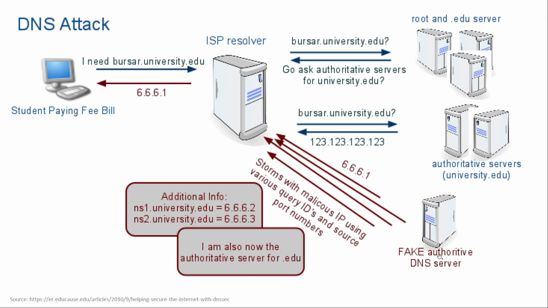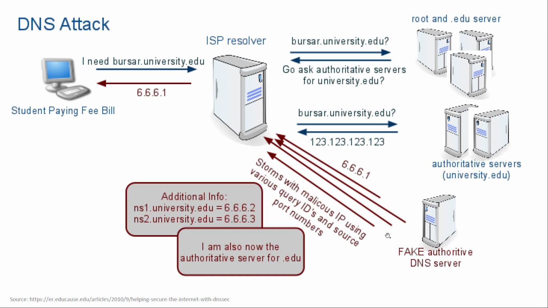But a fake authoritative DNS server storms in with a malicious IP like this, using various query IDs and source port numbers, trying to fool this client and saying that this domain name actually belongs to this IP address. As additional info, it provides further name servers which are IPs that belong to the attacker, and it also claims that it is now the authoritative server for .edu.